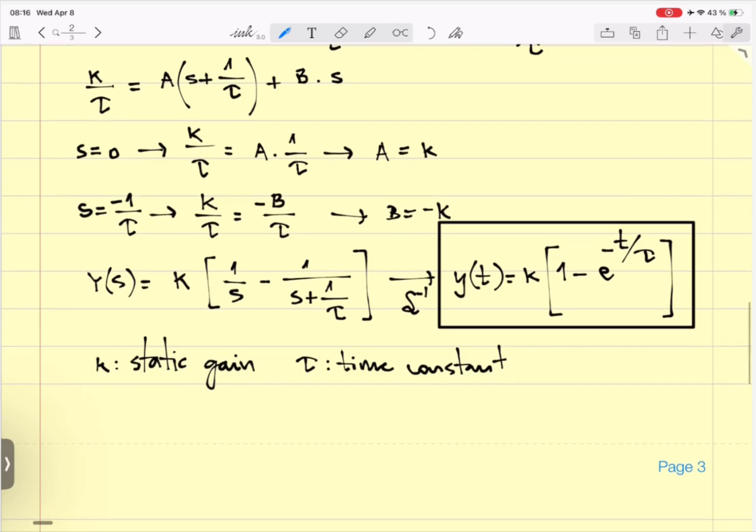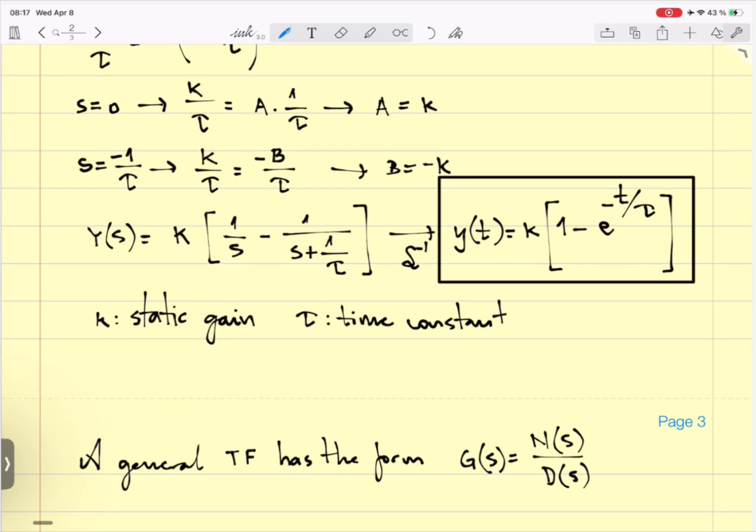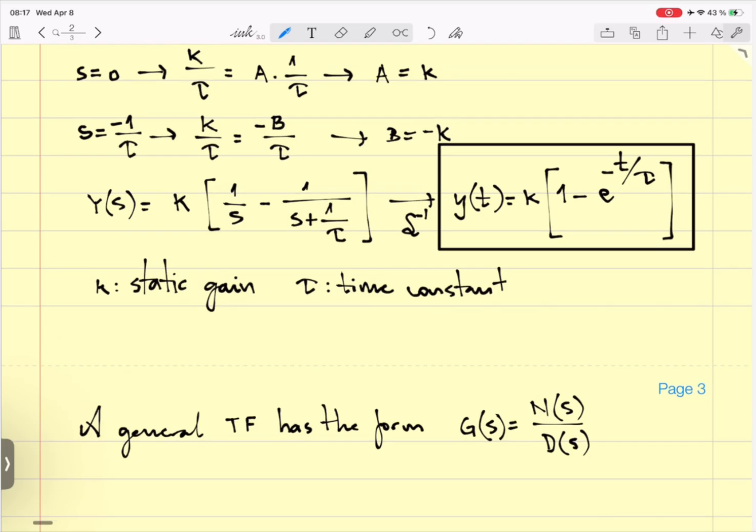So, a general transfer function has the form g of s equals n of s divided by d of s. And n and d are the polynomials, okay? Numerator and denominator.